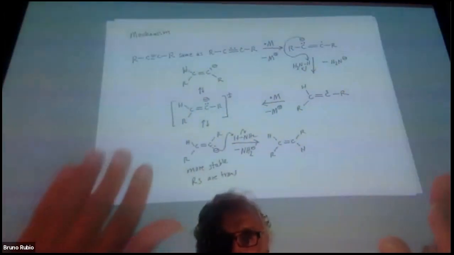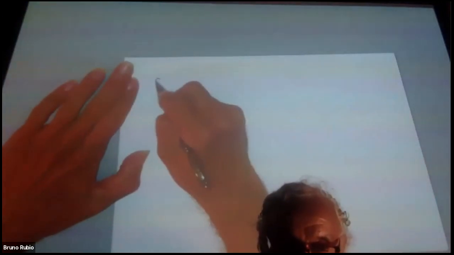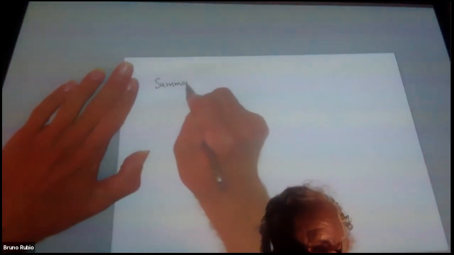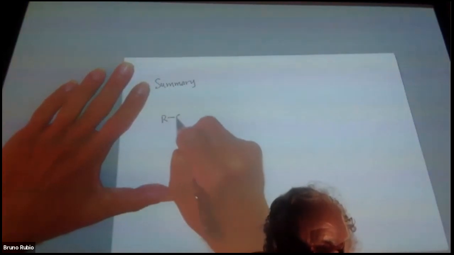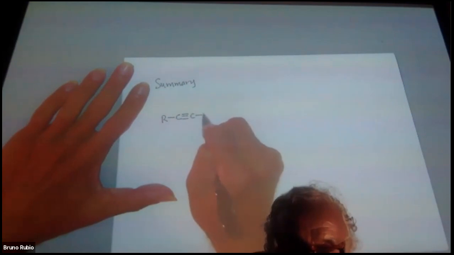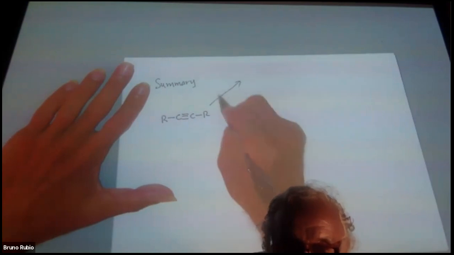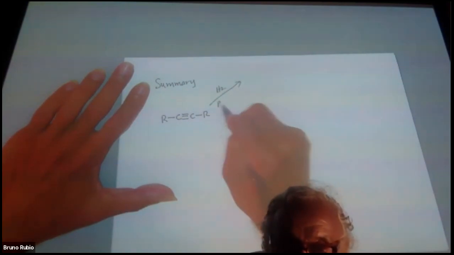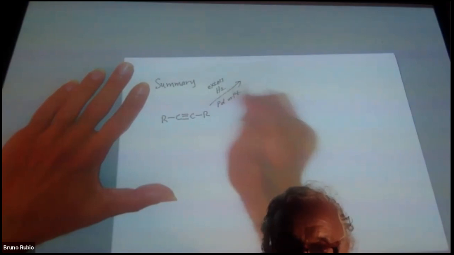So just to summarize what we have said for these reactions of the alkyne, we have an alkyne. We can do a couple of different things to it. We can add hydrogen and platinum or palladium, excess.